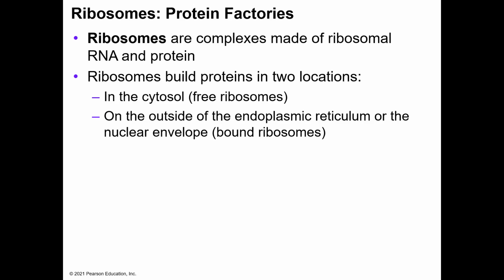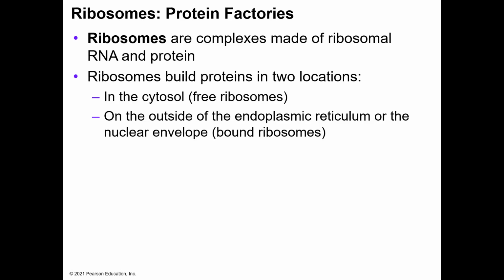In the cytosol, we call those free ribosomes. Those are the ribosomes that can travel anywhere in the cell, anywhere that they're needed to do some sort of chemical reaction. So ribosomes will travel and search for messenger RNA, and read the messenger RNA, which then allows for the creation of proteins.